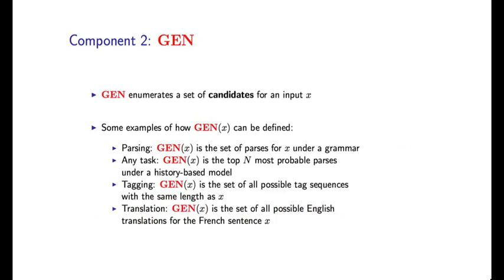So there are a number of different ways of defining GEN. Here are a few. For parsing, we could define GEN(x) to be the set of all possible parses for x under a grammar, for example, a context-free grammar.